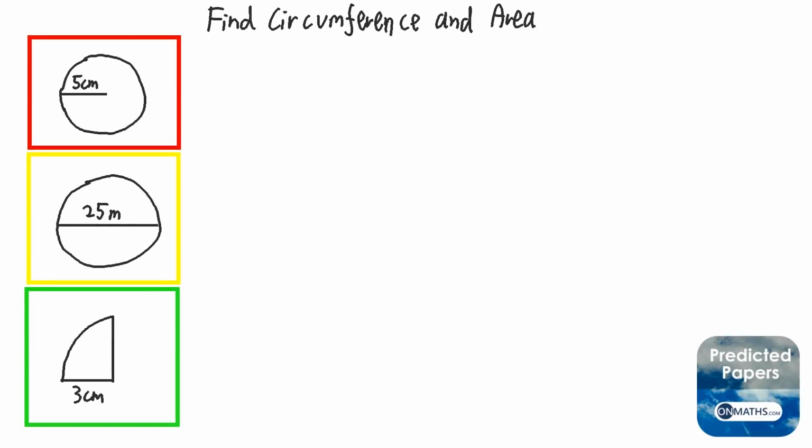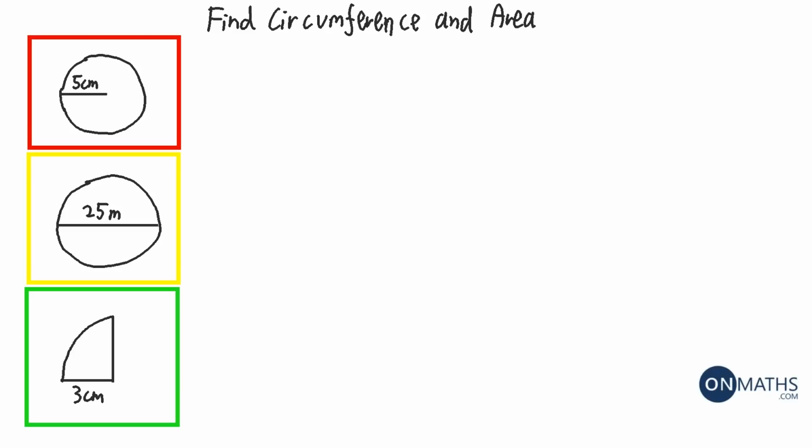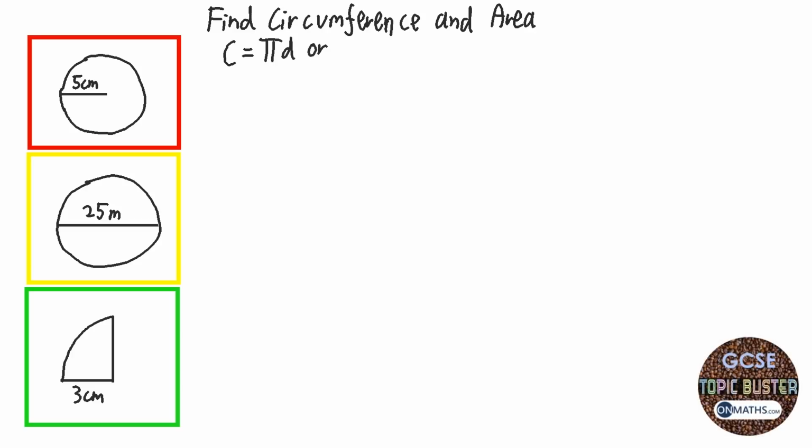Okay, so first things we need to work out is what the formula for circumference and area is, or are, I should say. So the circumference is pi times the diameter, or 2 pi r. The diameter is just 2 times the radius, so that's pretty obvious. So the circumference is pi times what the diameter is.